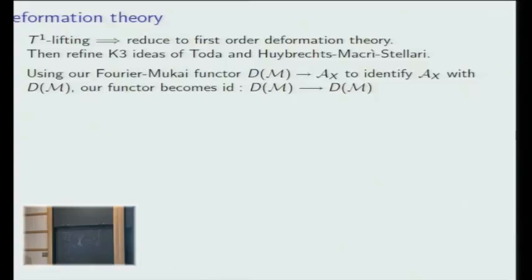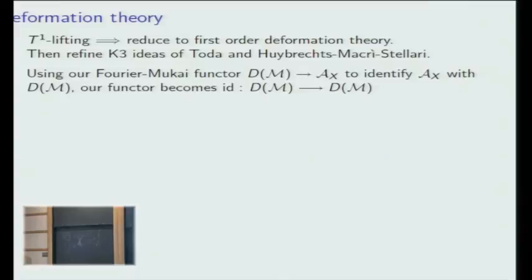This was a K3, remember, and your Fourier-Mukai kernel, and that gives you an equivalence from the derived category of this K3 surface to this A_X. And so I'm going to pretend they're the same because I have an equivalence. So when I pretend they're the same using this equivalence, then what do I have? I just have D(M) is by the identity isomorphic to D(M) sat inside D(X).